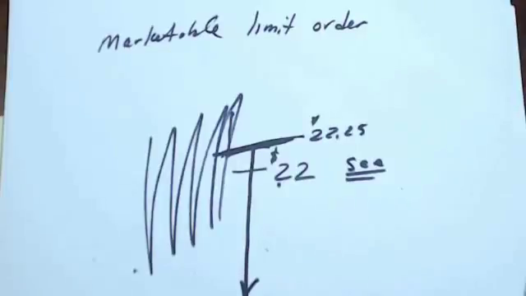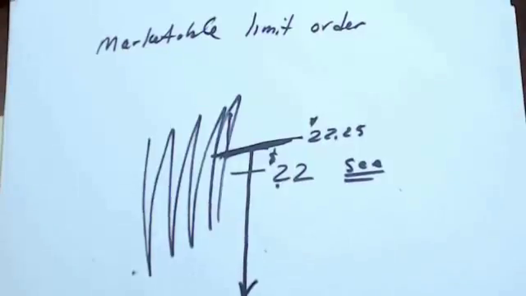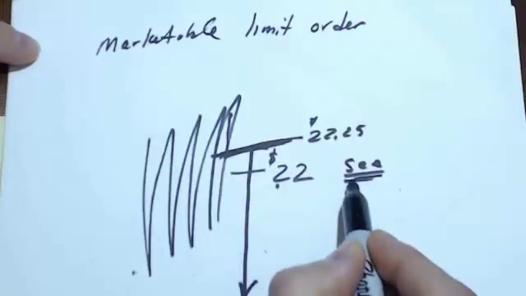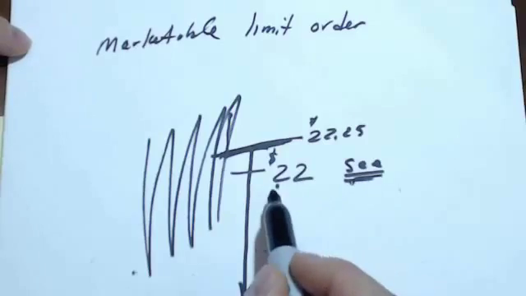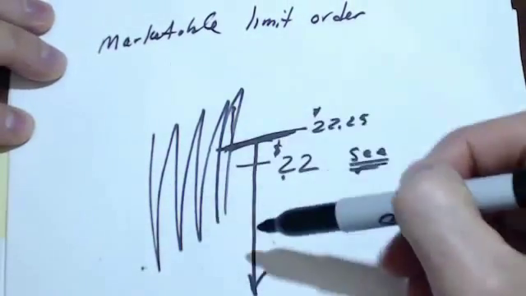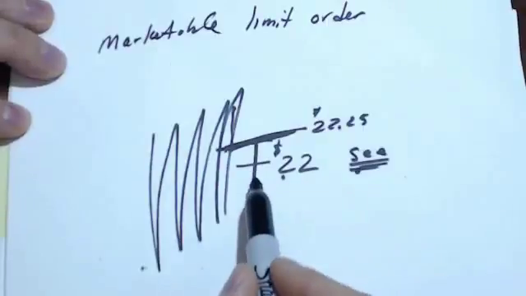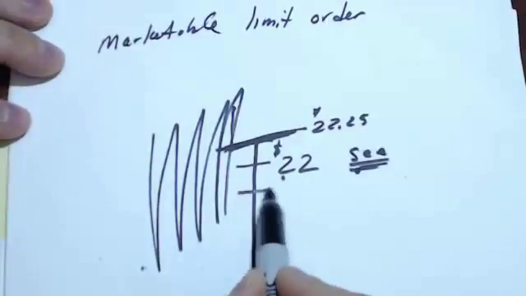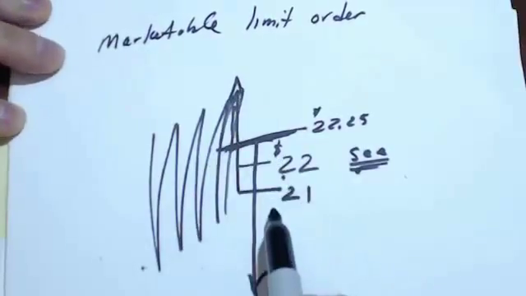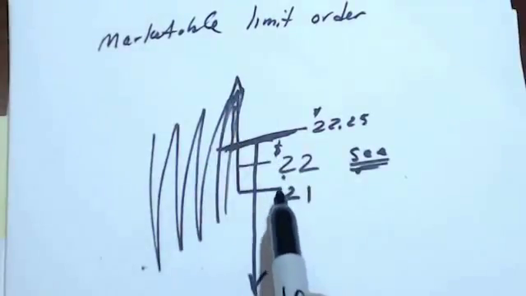You could also do a marketable limit sell. So if you see or observe the stock at 22, you could say, look, I know the market's really volatile in this stock. It's gyrating. I'll sell it for $21 or more. Okay, 21 or more. And so you place that order in.